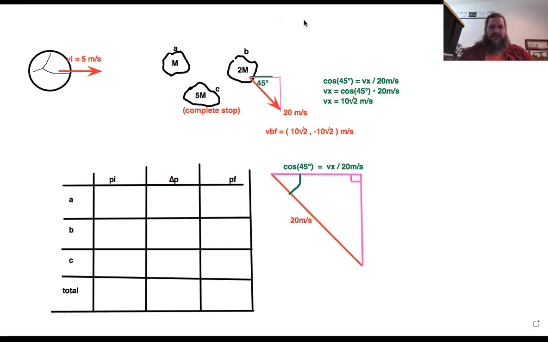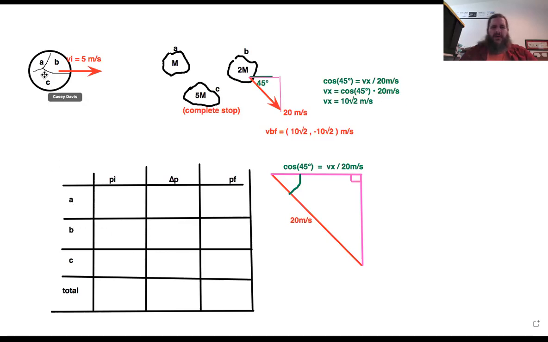We've got object A, object B, and object C. Even though it's one unified piece right now, the fact that it's going to split into three pieces means we should treat it as starting off as three pieces already, because it doesn't really make sense in a momentum chart to change how many objects you're talking about.